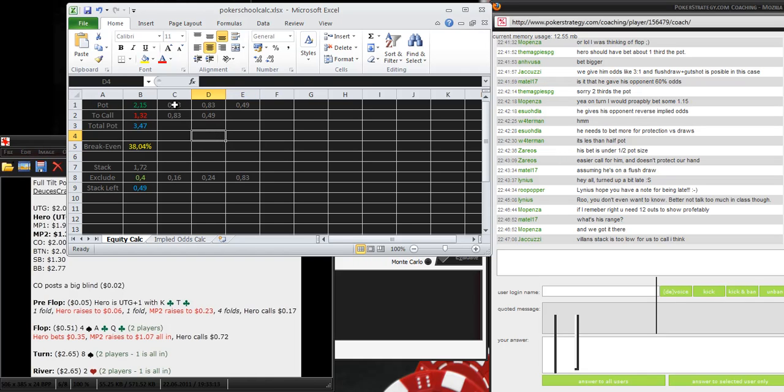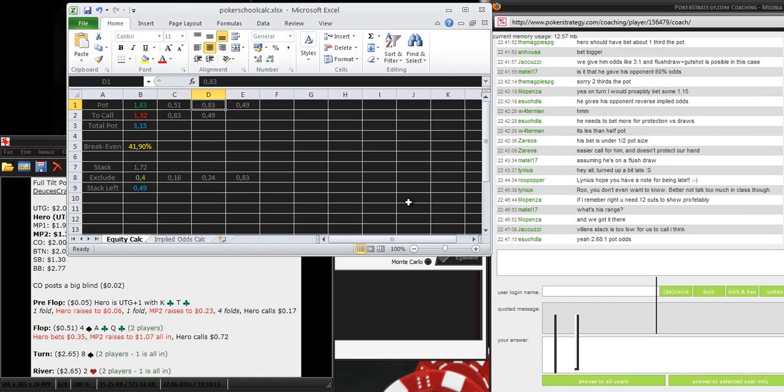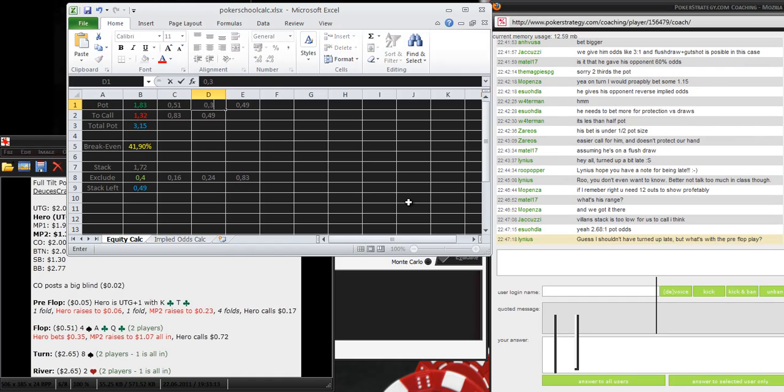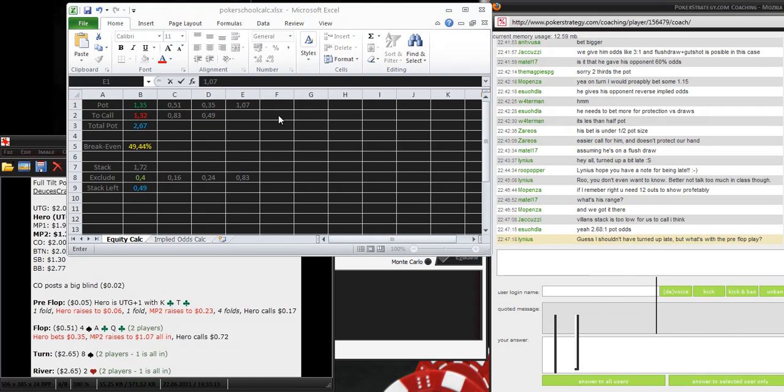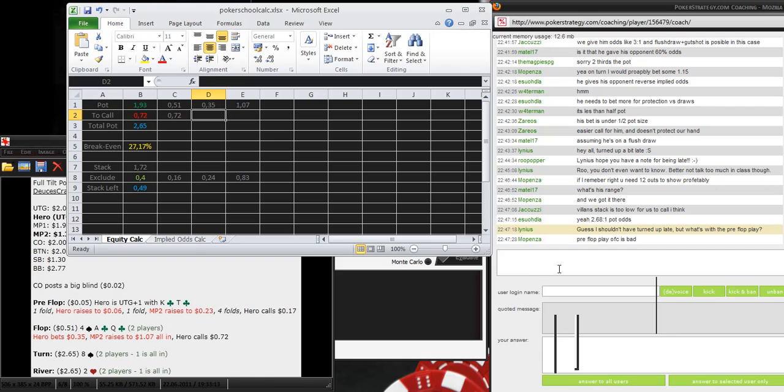And of course, the easiest way to calculate the equity is to use the calculator. And as you see, we need 27% of equity. This might give you a better overview if we can call it profitably or not.